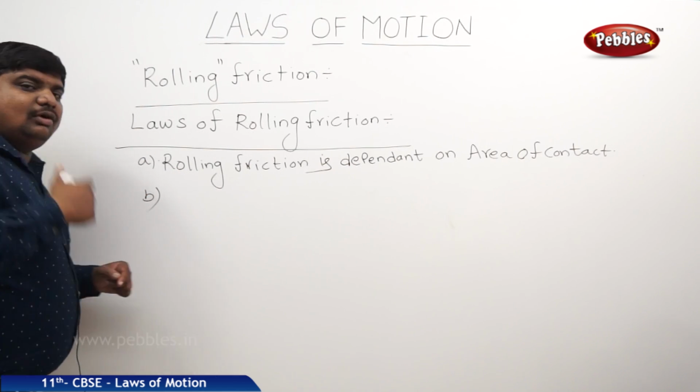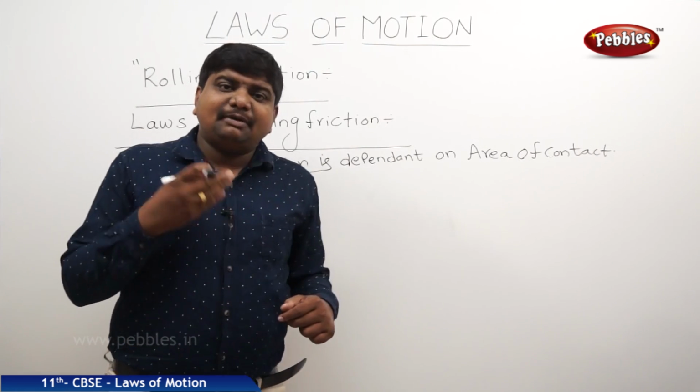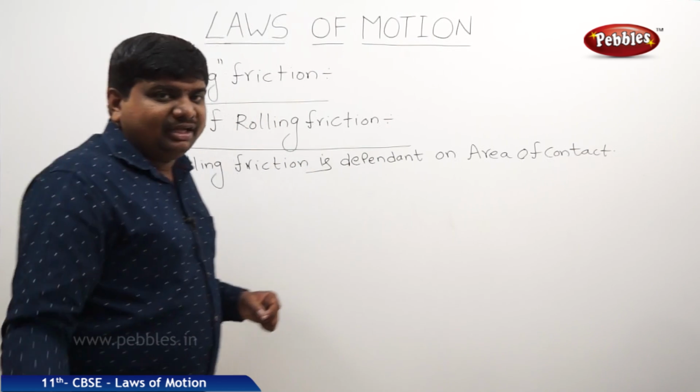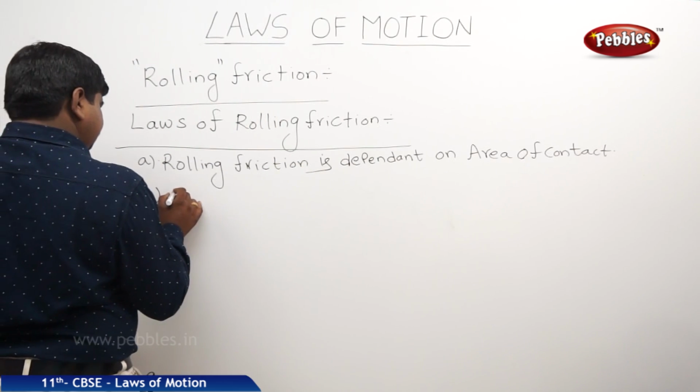Second, this rolling friction is inversely proportional to the radius of the body which is under rolling motion.